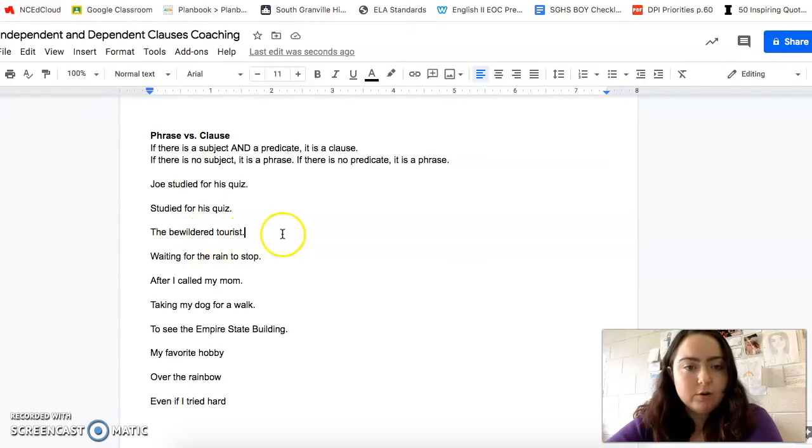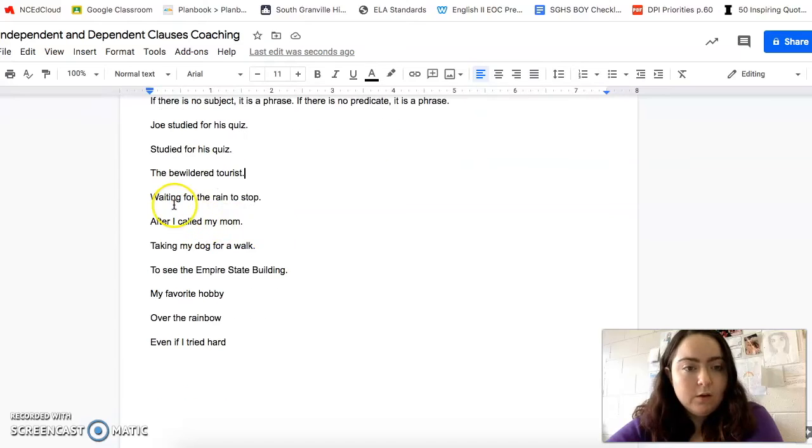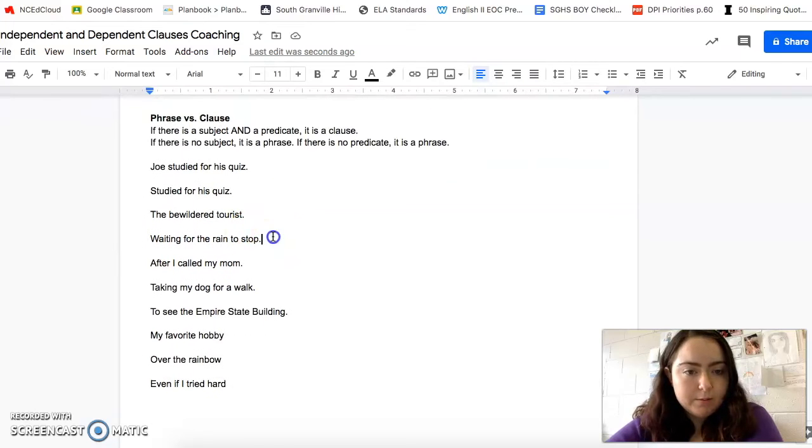But since there isn't a verb after the word tourist, there's no predicate. We don't know what they did. So this is an example of a phrase. Waiting for the train to stop. Okay, well, who's waiting? I don't know. Could be anyone. So there's no subject here, meaning this is a phrase, not a clause.